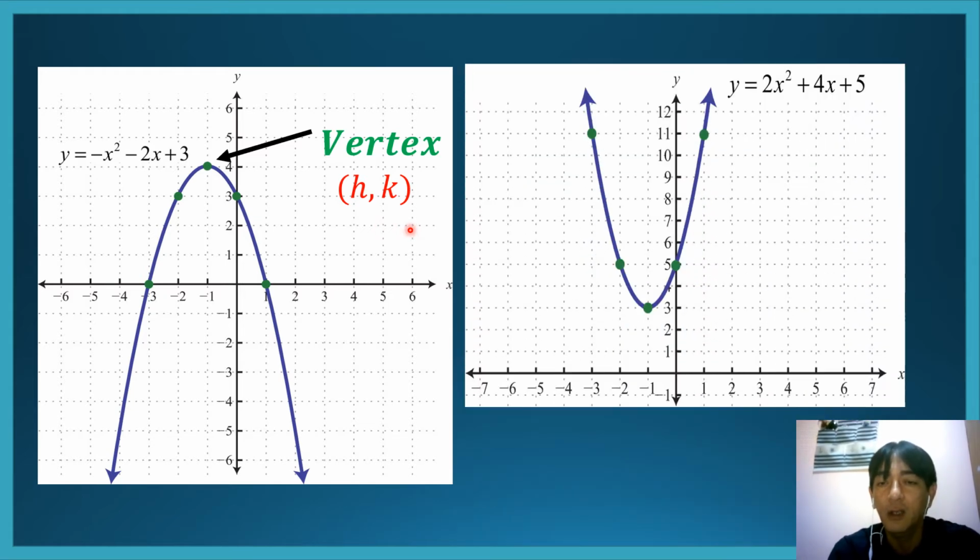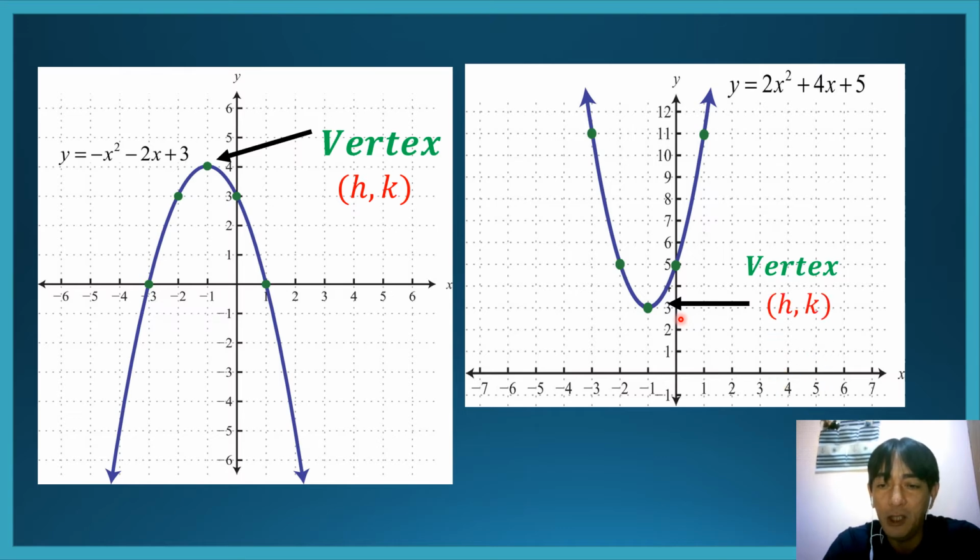Okay, so let me show you another one. So, y is equal to 2x squared plus 4x plus 5. Ang value ng a natin dito will be 2. So, positive siya, greater than 0. So, ang graph natin will be opening upward. Wherein, yung vertex natin right here is at the lowest point or minimum point.